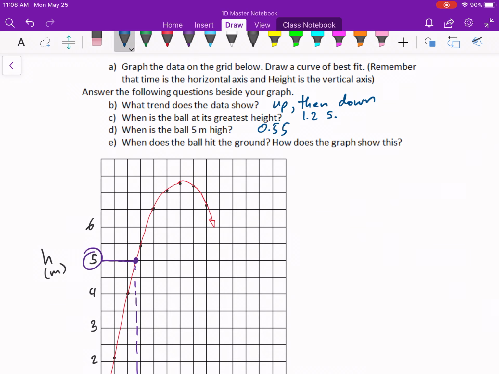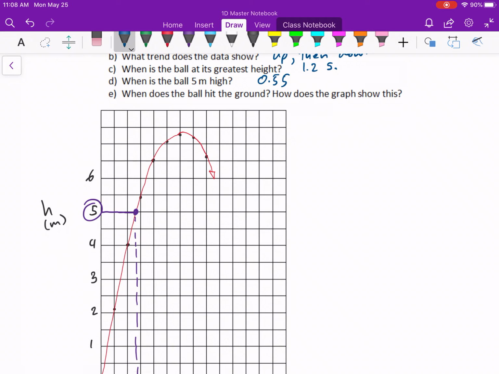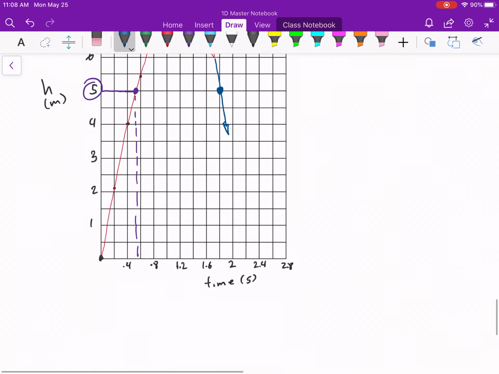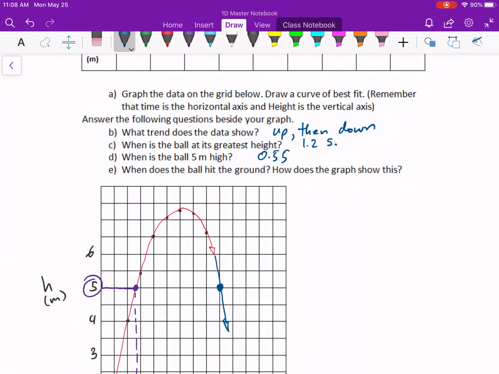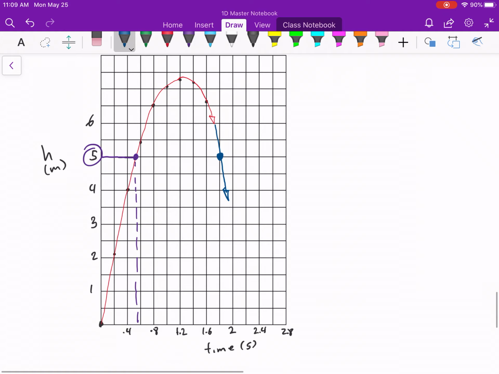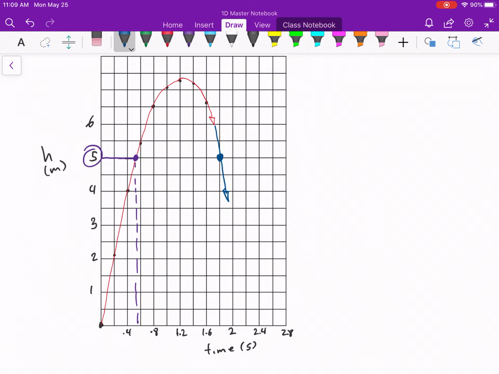Now the funny thing is, since it comes back down, it actually will be at 5 meters again. If we try to make this trend continue, then I think it's safe to say that somewhere around 1.8 seconds, it's going to be back down at 5 meters. When does the ball hit the ground?